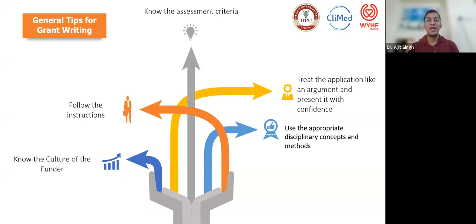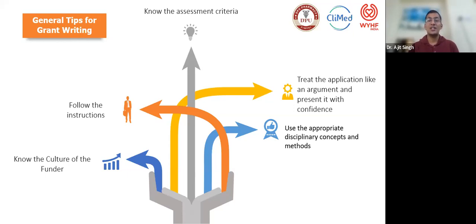Like, we want someone from IIT, someone from AIIMS, or this is only for the physiotherapists, this is only for the life science people, this is for basic science people, this is for genetics. And they ask for the principal investigator's experience also, like, we need 5 years of experience, 10 years of experience. So read all the instructions carefully and know their assessment criteria.